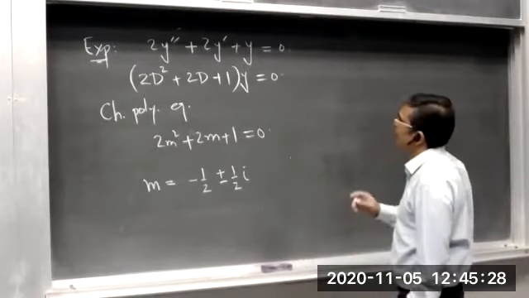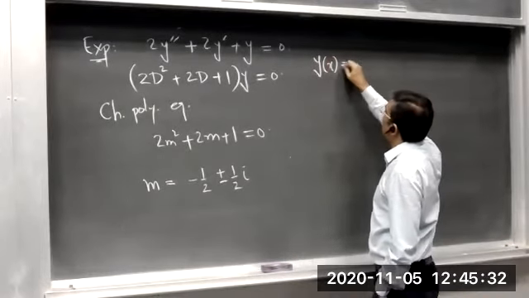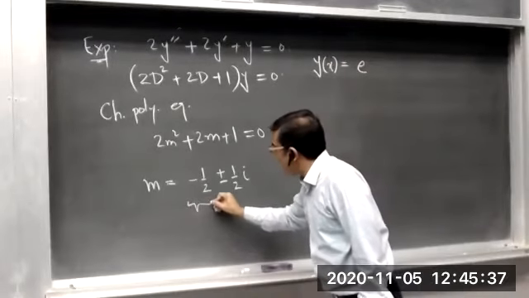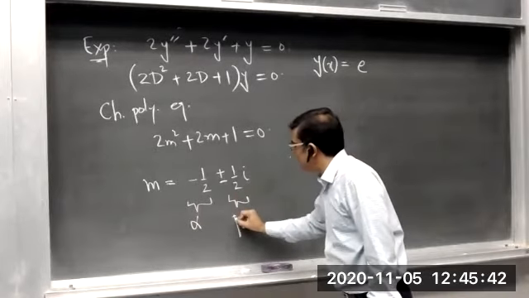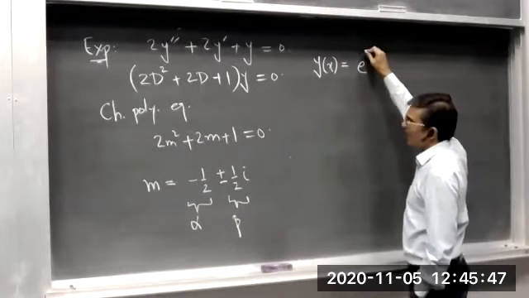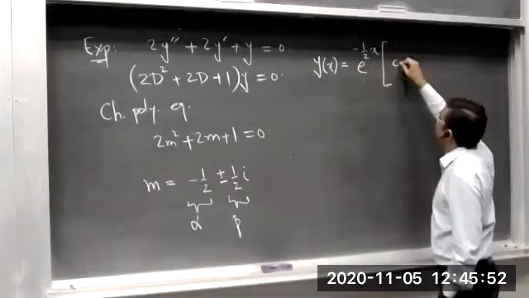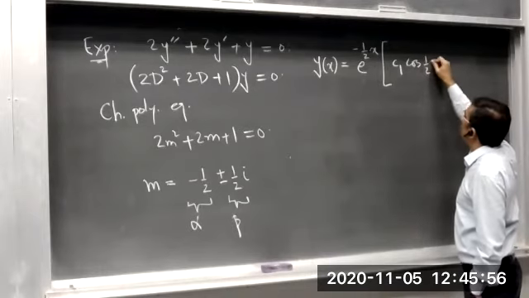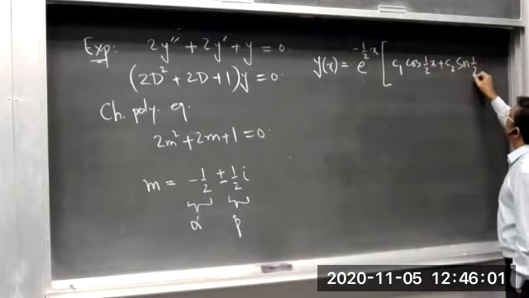Now, how to write the general solution in this case? Y of x is e raised power alpha x, where this is your alpha and this is your beta. So it is e raised power minus 1 by 2x times c1 cosine of 1 by 2x plus c2 sine of 1 by 2x.